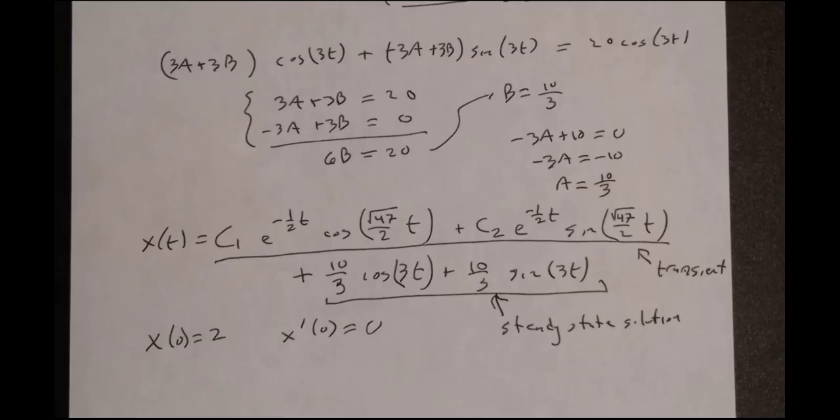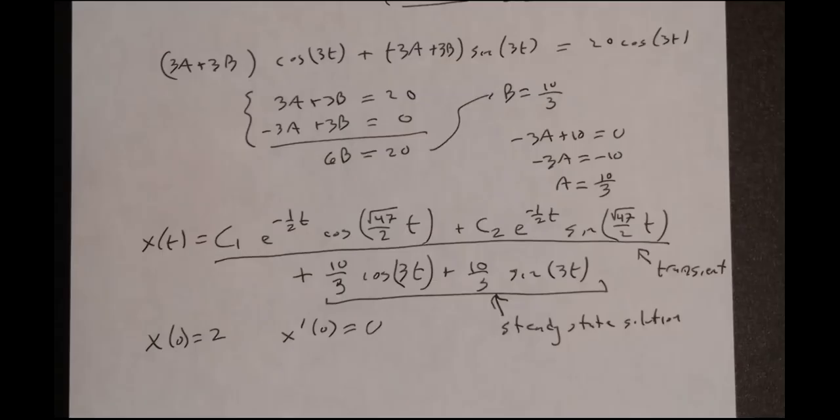Now, if we don't have damping, but we still have a periodic forcing function, then it's the difference in frequencies that's going to be important. Because if we don't have damping, we won't get that e to the whatever t. We're just going to get a cosine or a sine. That was what we were doing on Friday. There was no damping. It was just vibrating.